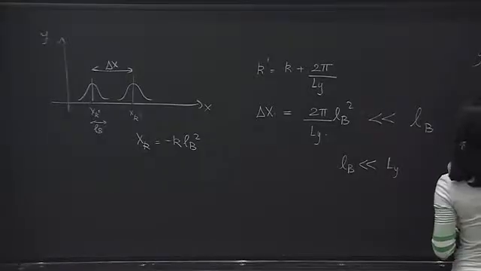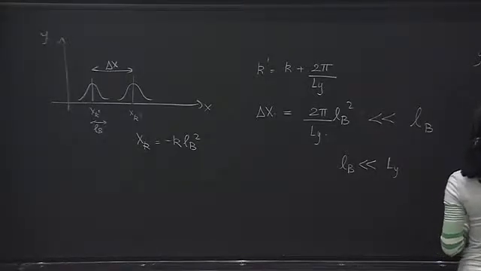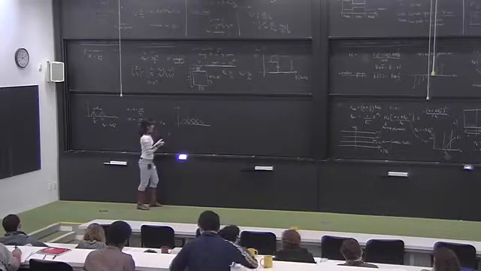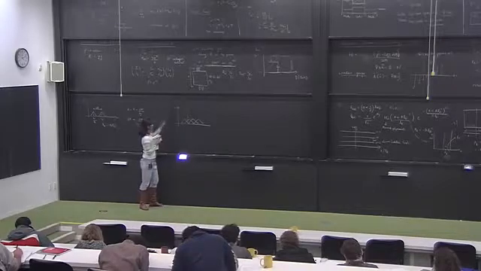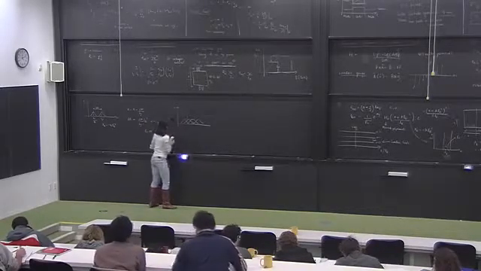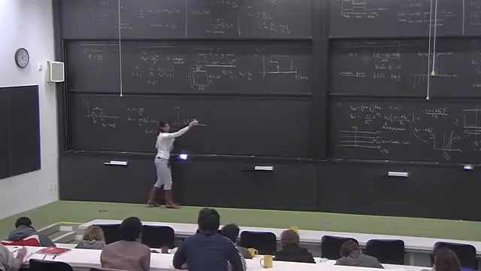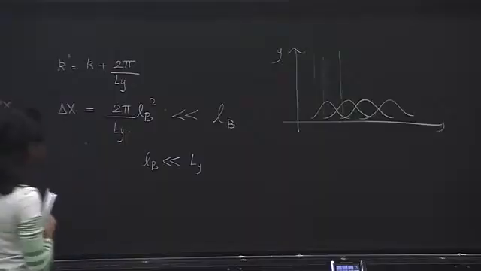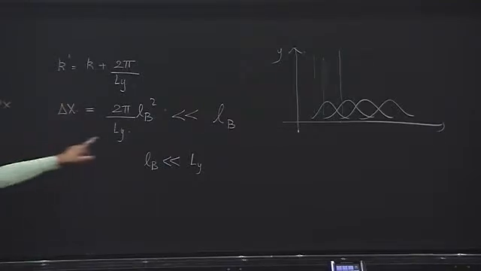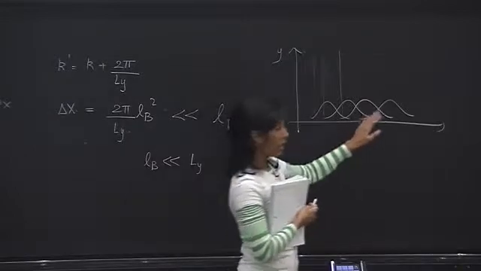They're again delocalized in the y direction, so the amplitude squared doesn't depend on the y direction at all, but in the x direction it has a Gaussian profile. These Gaussian profiles overlap strongly with one another because the spacing between the adjacent orbitals is much, much less than the width of the orbitals. So this is the right picture you should have in mind.